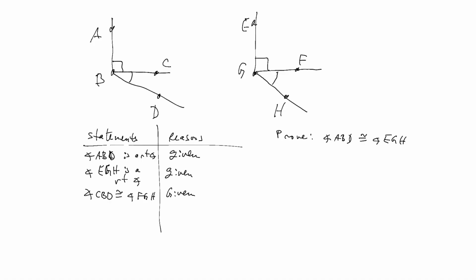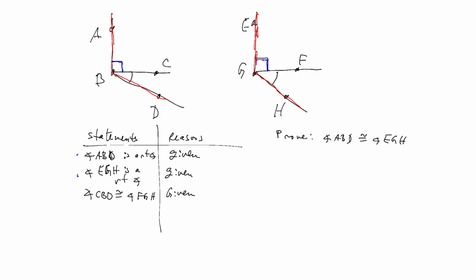So here's a diagram, and the goal is to prove that this obtuse angle, ABD, is congruent to the obtuse angle over here, EGH. The given information is that ABD and EGH are both right angles. That's why they put this little square there.